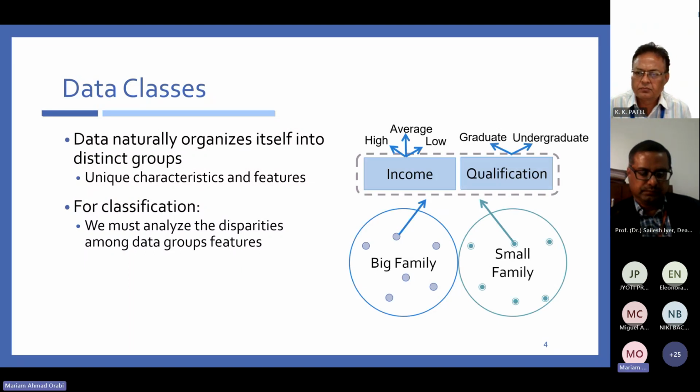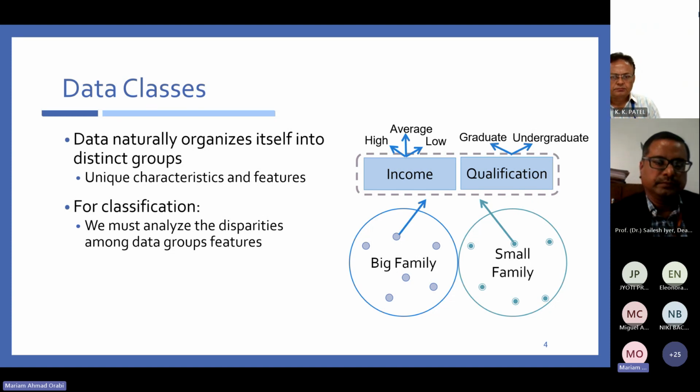As in the example here, we have two data groups, small families and big families. These groups have certain attributes, which are income and qualification, and each one of these attributes has different values. So we want to find the contrasting sets of values between these two groups.